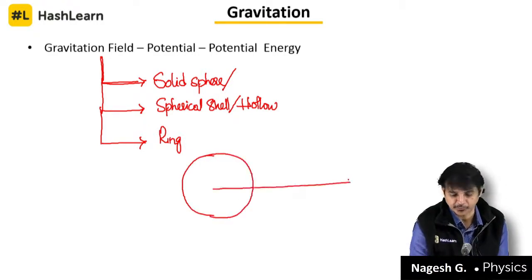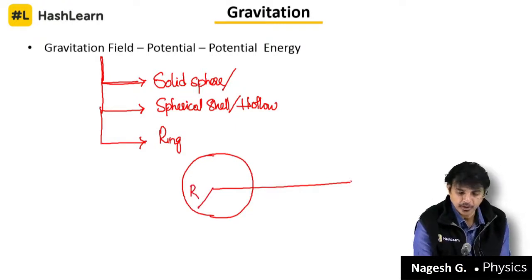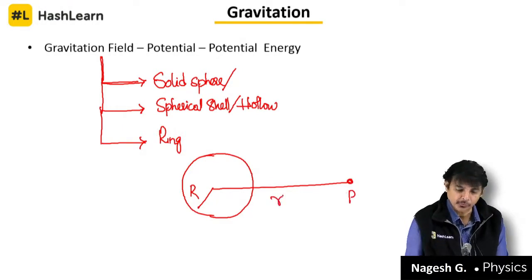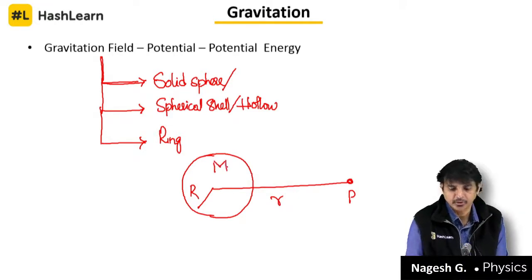When I take a solid sphere whose radius is equal to capital R, let us place a point P at a distance of small r, and it is a solid sphere, so mass is distributed throughout the body.